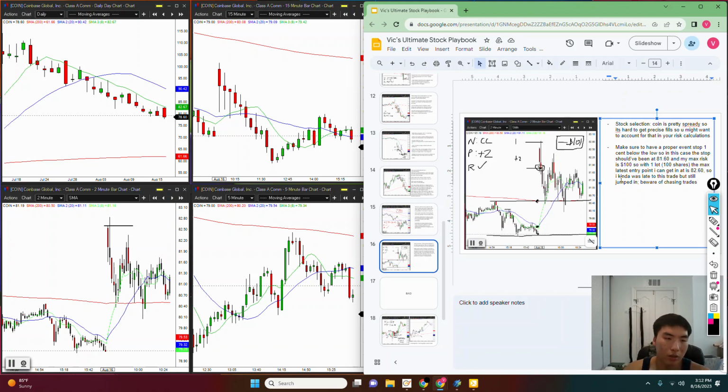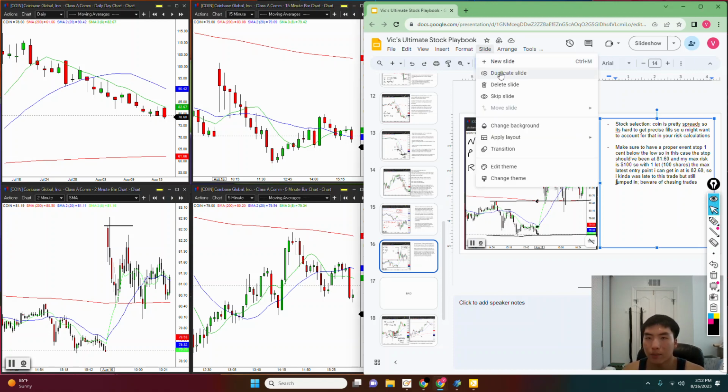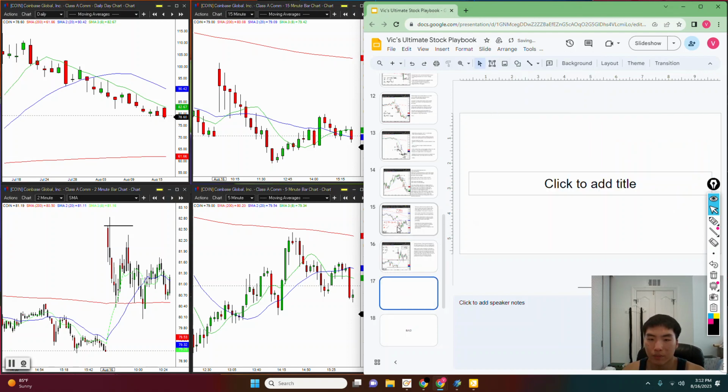Still managed to get out at the max loss. But I think the identification of the trade itself wasn't bad. Location's not too wide yet. Alright, let's look at the next trade.